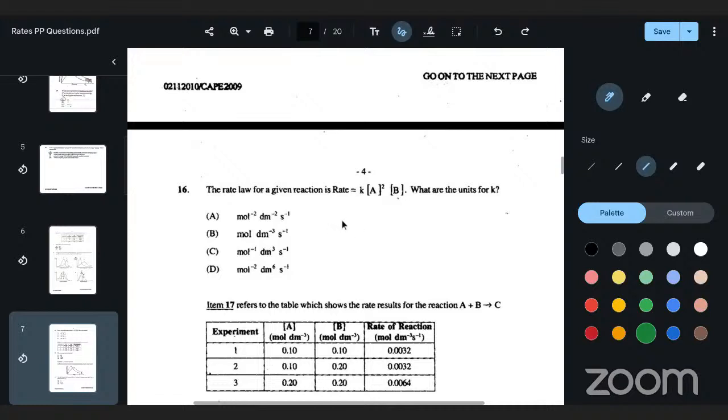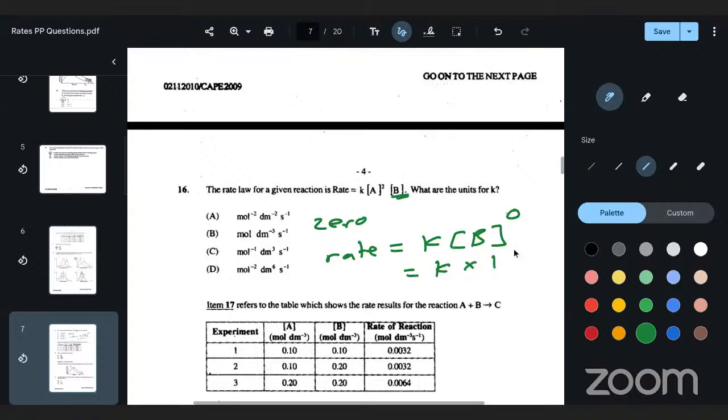Oh, because, all right. Let's say B was zero order, rate would be equal to K[B]^0. We always put the order of the reaction up here. But anything raised to the power of 0 gives 1. So basically it is K times 1.